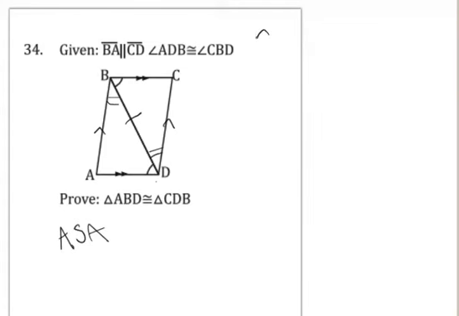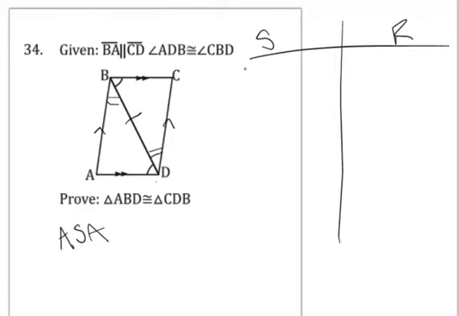So we'll start with my statements, reasons, and line 1. That's my given. I'm not going to write it in the interest of time, but you guys can. That's supposed to say given. Just take my word for it. Let's do it in the order so it looks like angle side angle.